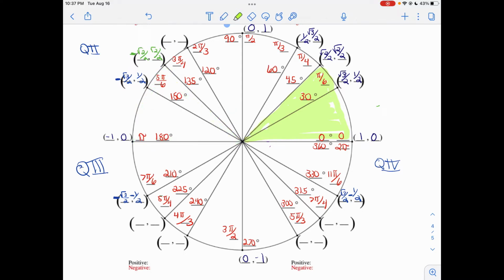So I need to find an angle in quadrant 3 that has a reference angle of 45 degrees. And that angle would be this angle at 225 degrees. And so at 225 degrees, I have the square root of 2 over 2 and the square root of 2 over 2. But I'm in quadrant 3, so my x is negative and my y is negative.